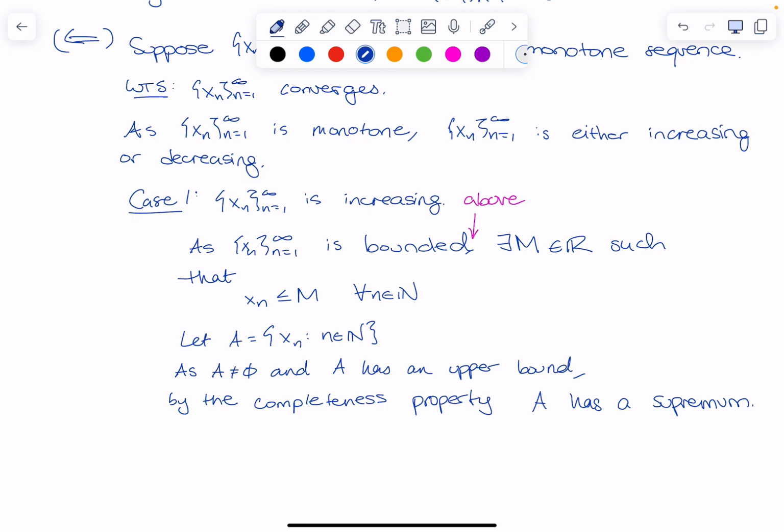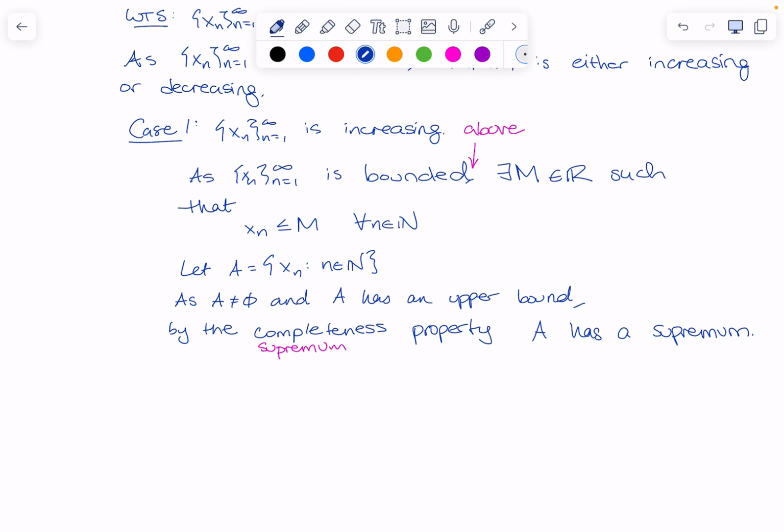It is also called, which might be the easier name to remember, the supremum property. That should have already been in your notes. Okay.